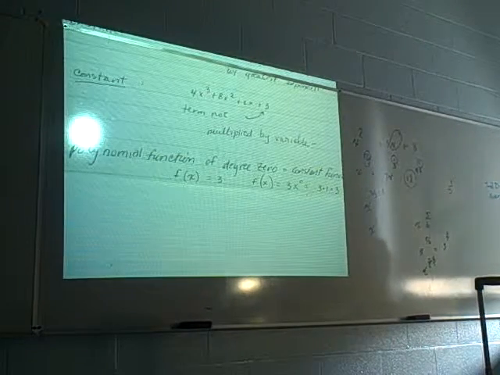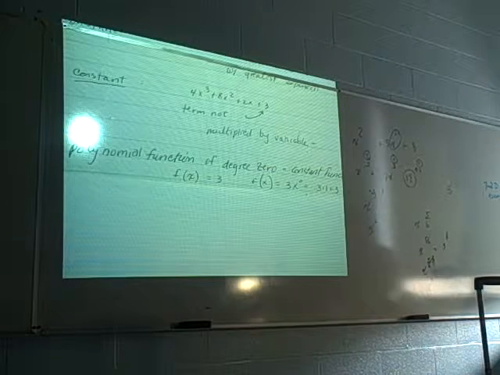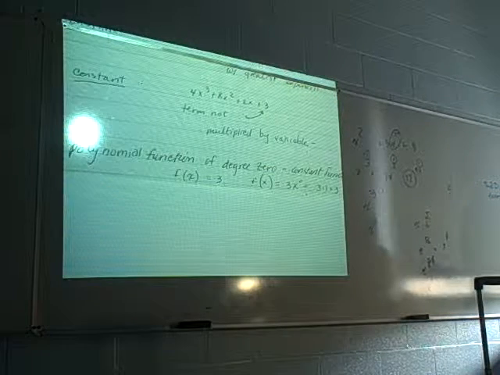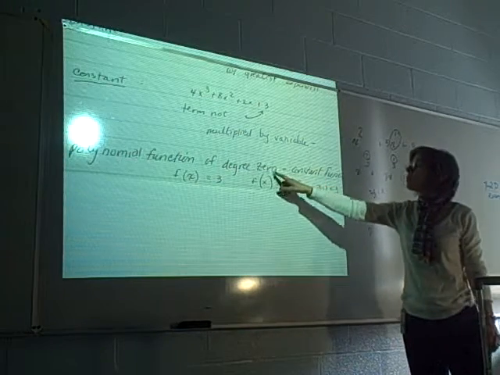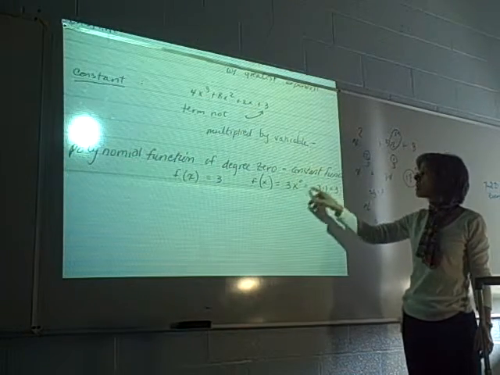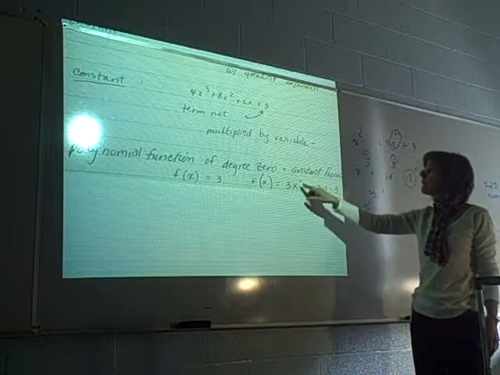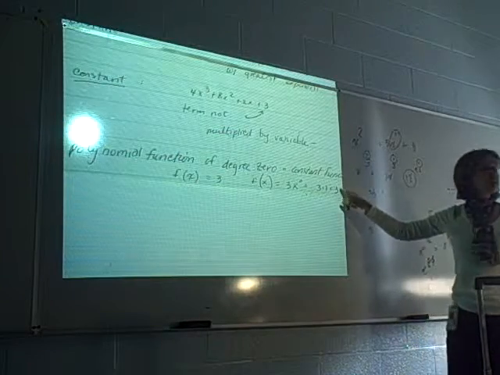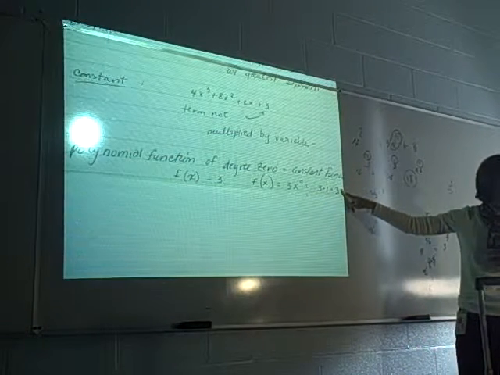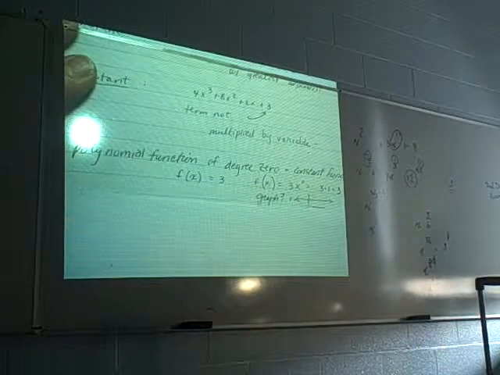If I said to you f of x equals 3, what is the degree? If I have a polynomial of degree 0, my constant, it's x to the 0 right here. So I know any number to the 0 power will be 1, so it's 3. What does that graph look like? Straight line. Just make sure that you remember that.